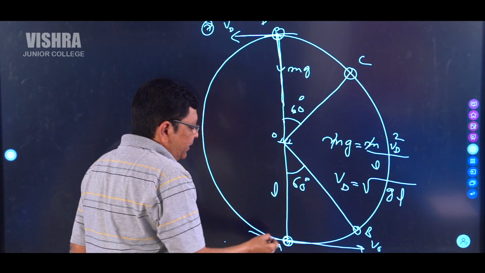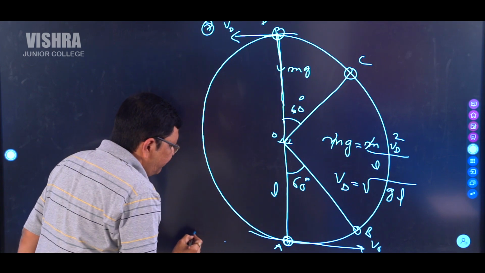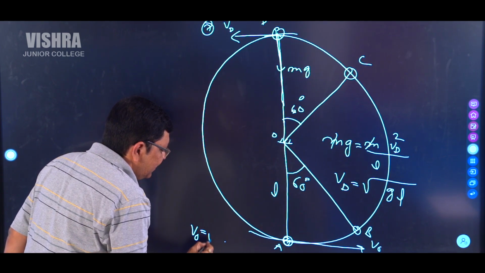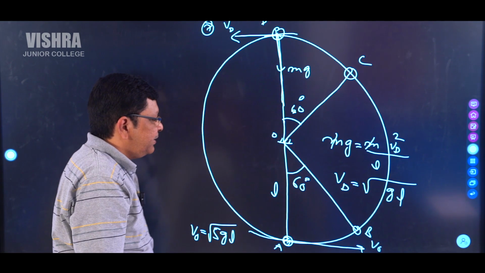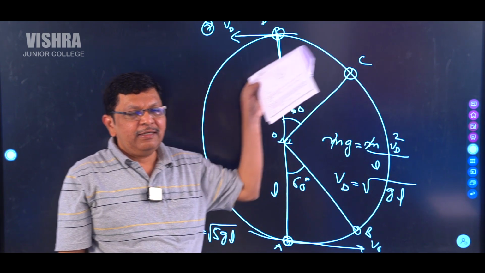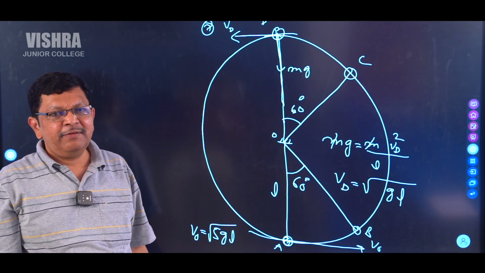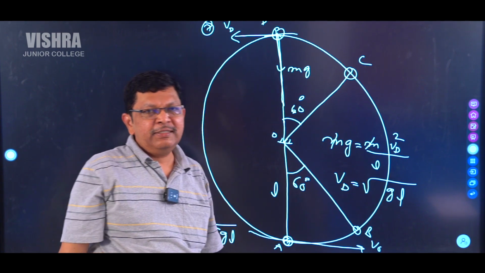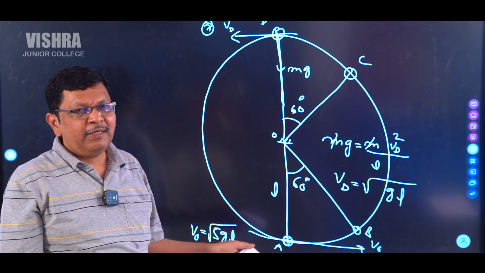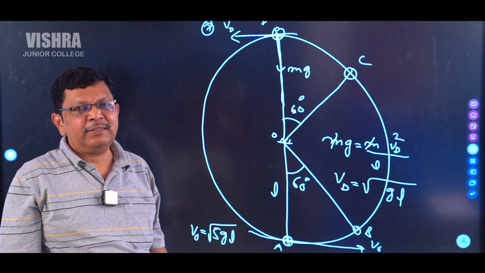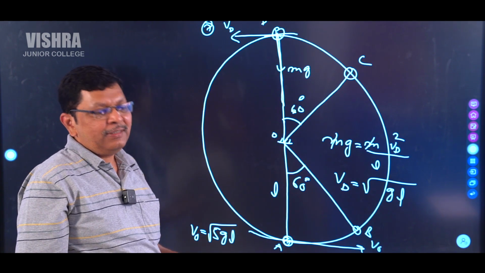If you apply conservation of energy between points A and D, we get the velocity of the bob at A: V naught equals root of 5gL. Why do we apply conservation of energy? No friction or non-conservative forces are acting, there is no loss of energy, the work done by tension is 0, and only mg does work, so the total energy stays constant. Hence you can apply conservation of energy, and the velocity at A is root of 5gL.